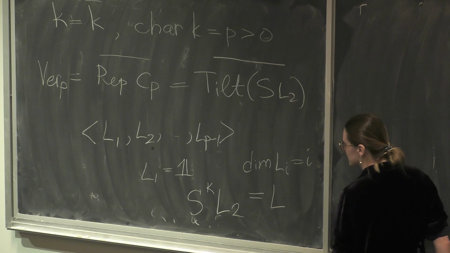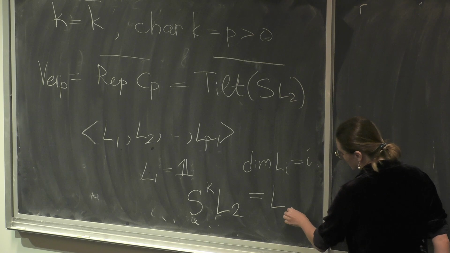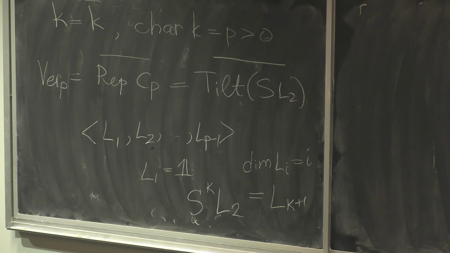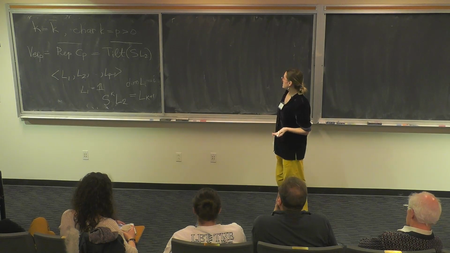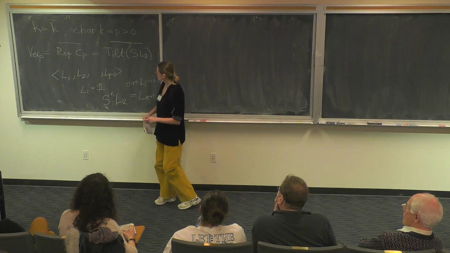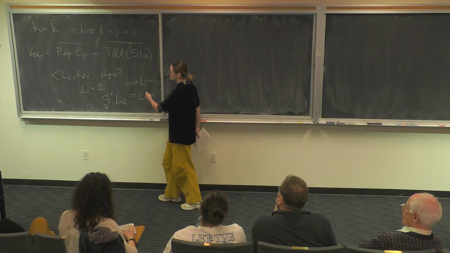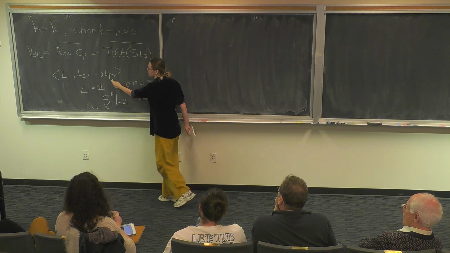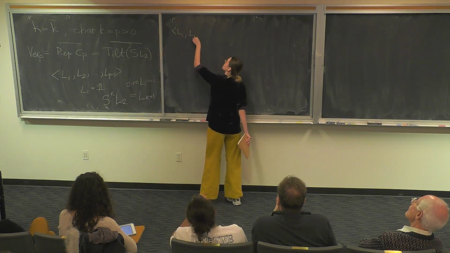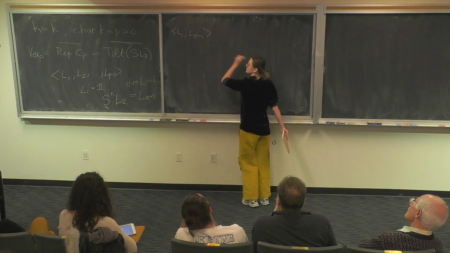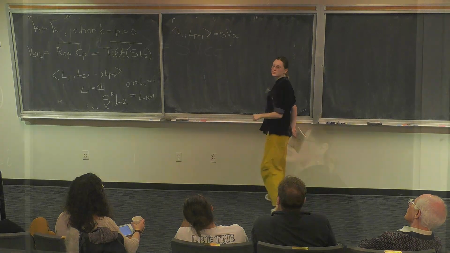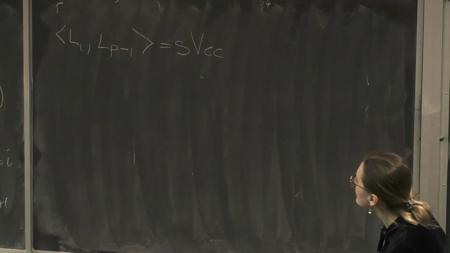So if you take the k-th symmetric power, we get the (k+1)-th object. Another thing about this category that I will need to use is, as was said, if I only look at L1 and LP-1, then I get a subcategory of supervector spaces in characteristic P.